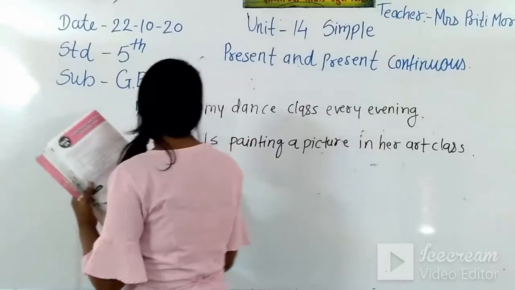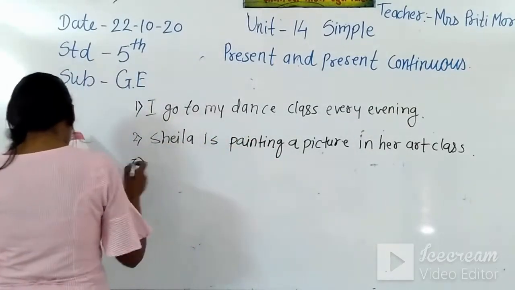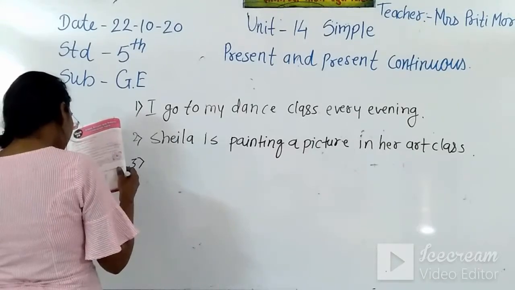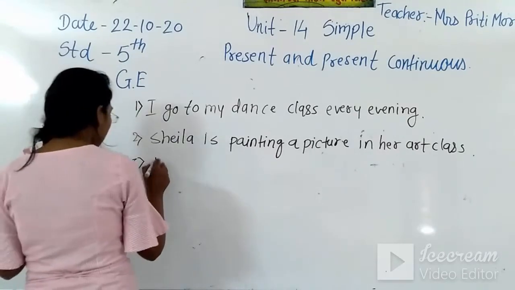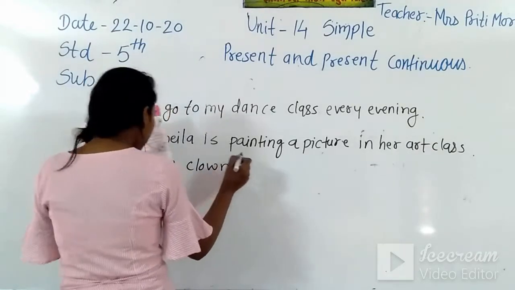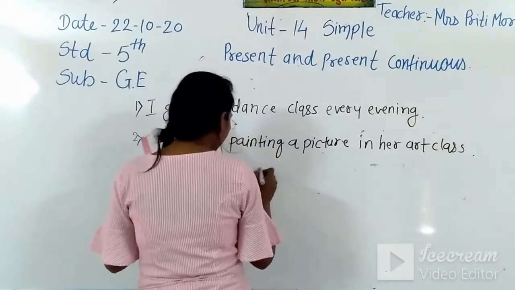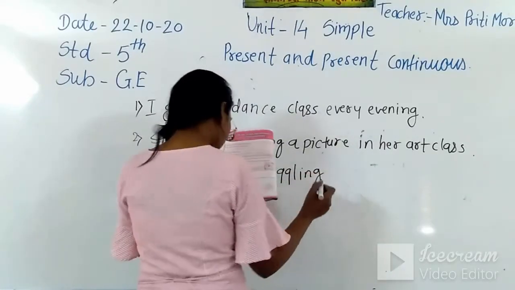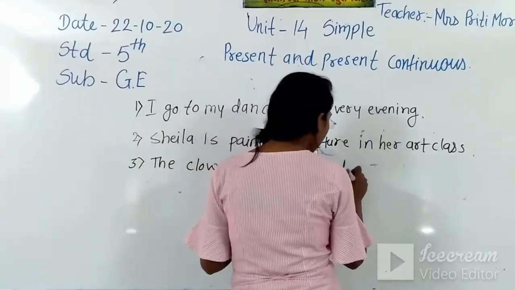Now the third sentence: the clown is juggling 5 balls.